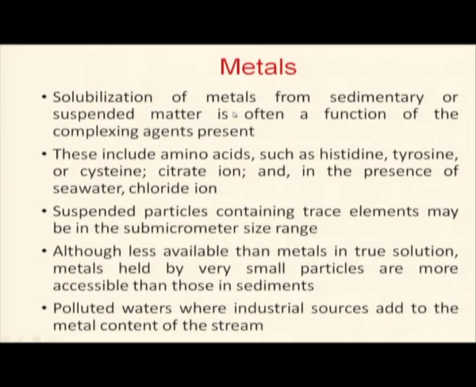So, this is one of the easy ways of removing rust on fabric. Similarly, any iron compound or some other metal, depending on the nature, forms water soluble compounds and is leached out. These include amino acids such as histidine, triazine, cysteine, and citrate. Many industries use citrate also, all these compounds form water soluble compounds and are leached out.